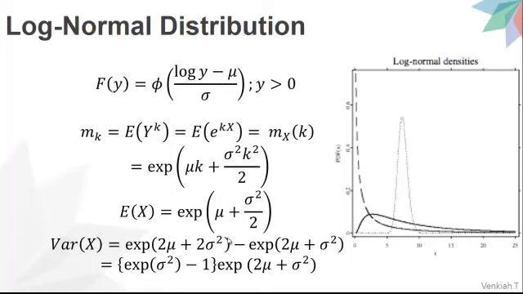The moment generating function of x is mu plus sigma square over 2. With the k parameter here, it becomes exponential of mu k plus sigma square k square over 2. So you can find the expectation of y and the variance of y.